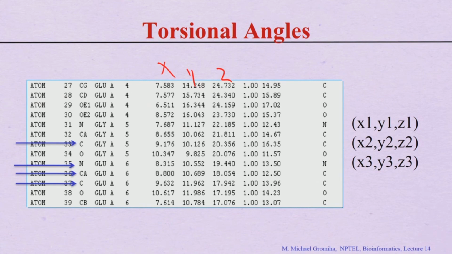If we have the x, y, z coordinates, take 4 atoms, for example C, N, C alpha, C. For the first one we have x1, y1, z1, the second x2, y2, z2, and this one x3, y3, z3. If you have 3 atoms, can you make the equation of a plane? They can form a plane.